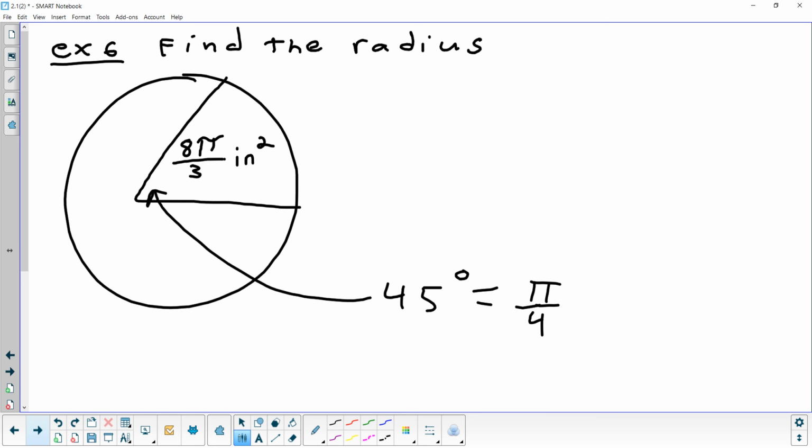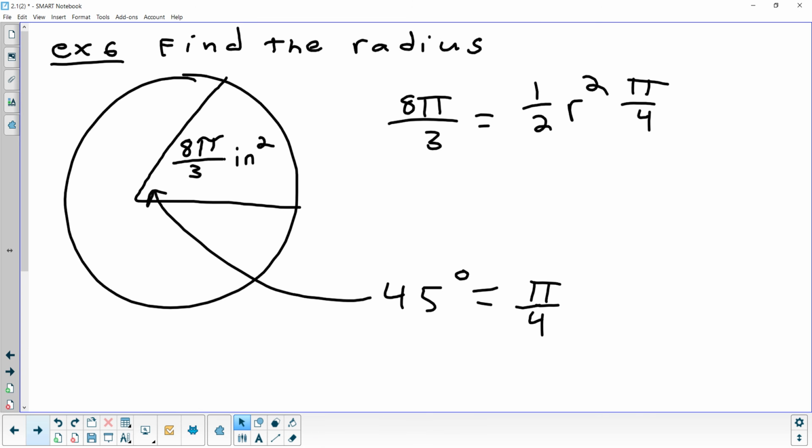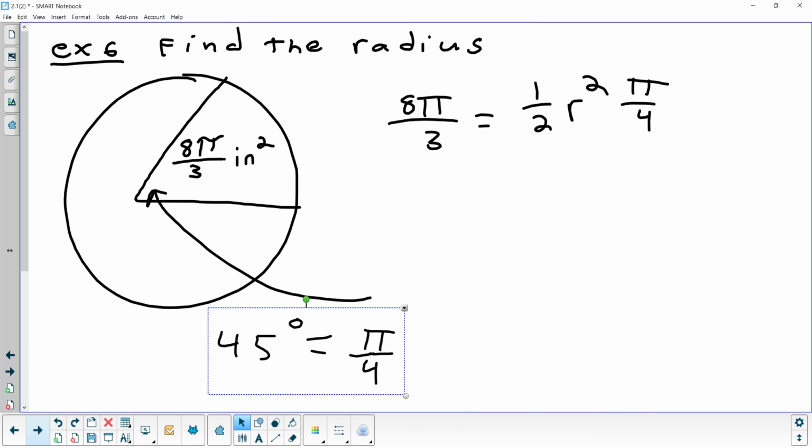All right, now we're ready to fill in. A equals 1/2 r squared theta. I'm going to move this over here.